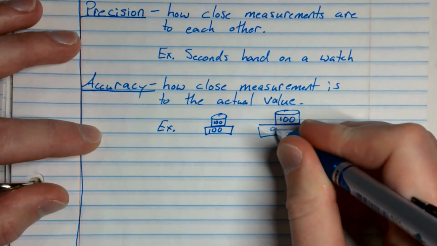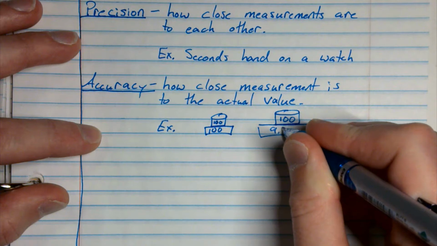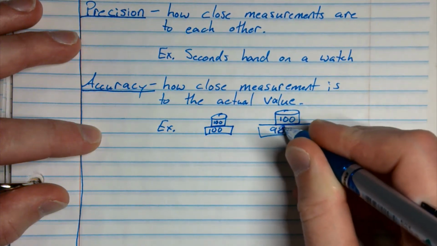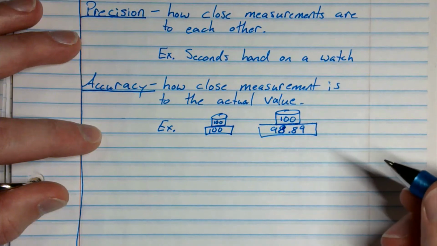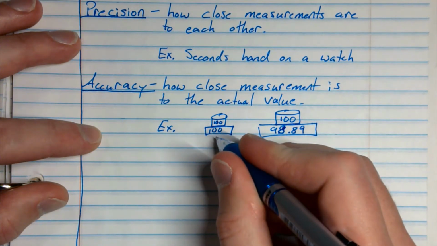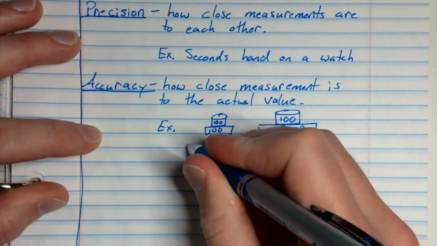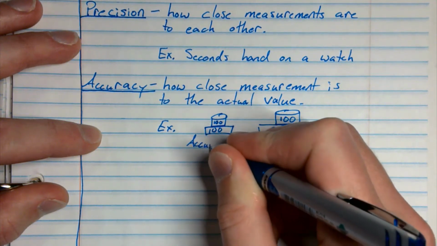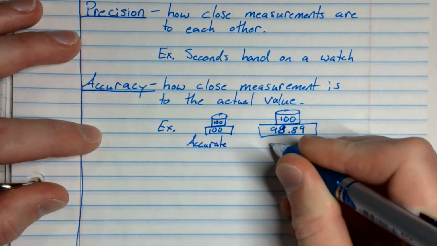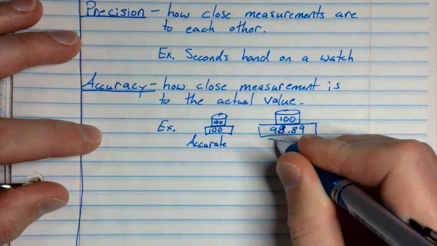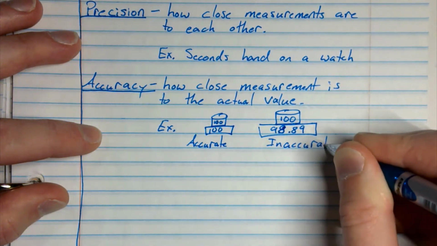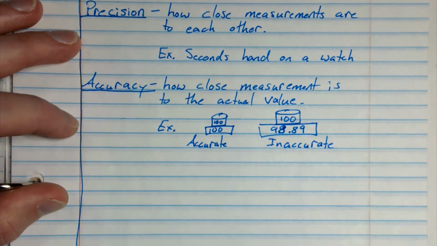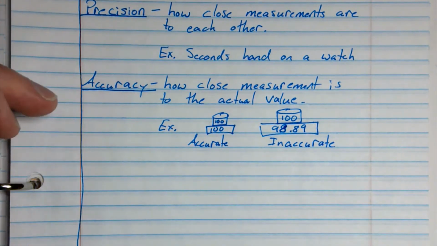And then this one could be like 98.89. So obviously this one's accurate, and this one is inaccurate. So we have precise and we have accurate.